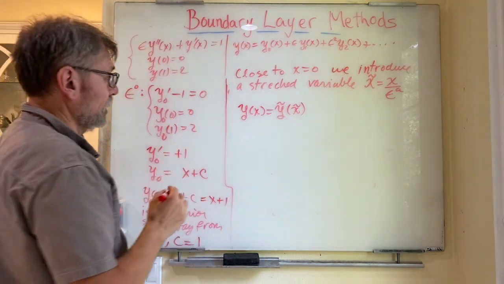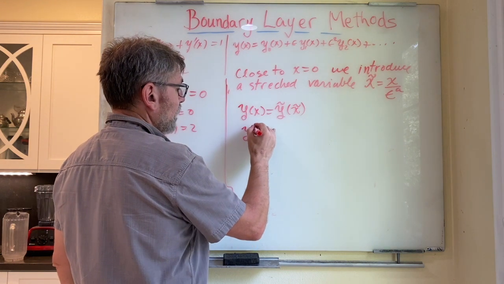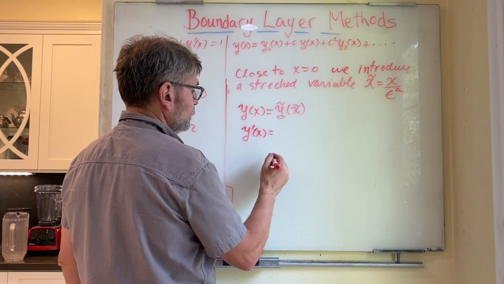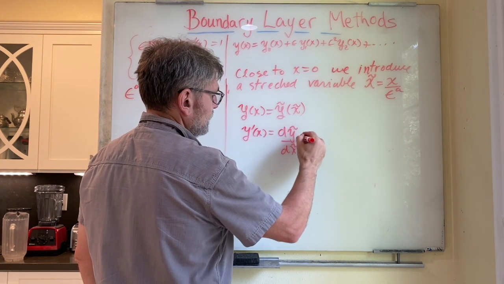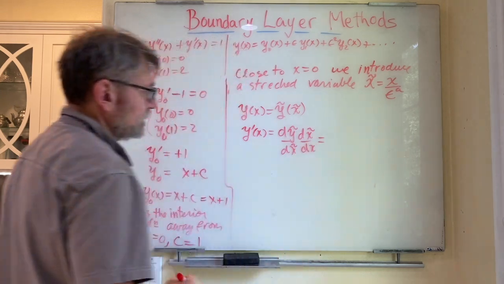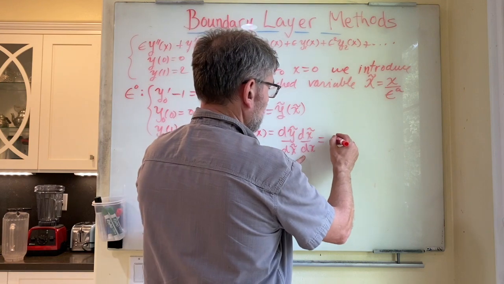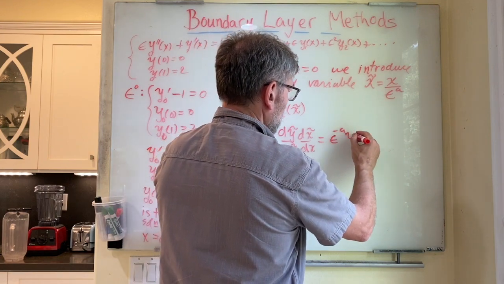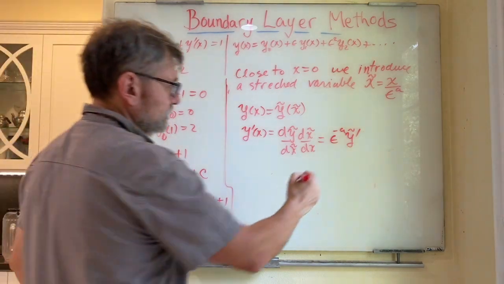And if we take the chain rule and take the derivatives, y prime of x is equal to dy tilde/dx tilde times dx tilde/dx, and dx tilde/dx is just epsilon to the minus a, so that's epsilon to the minus a times y tilde prime of x tilde.